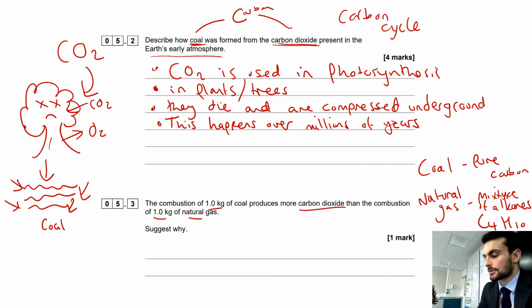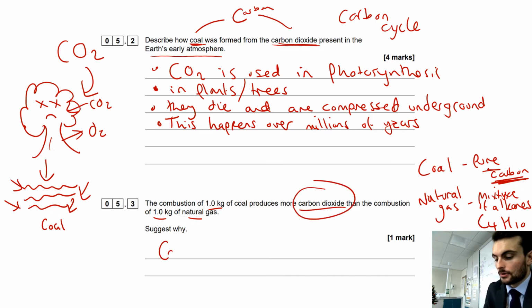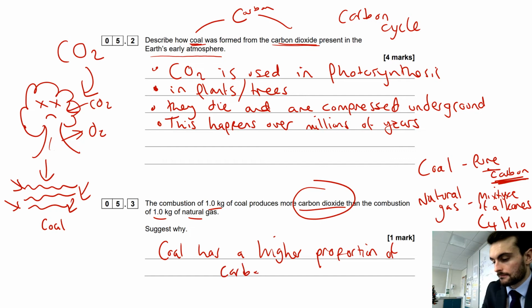Carbons and hydrogens. Which one has got more carbon in it? This one, coal. So the reason why it ends up producing more carbon dioxide is coal has a higher proportion of carbon. There's more carbon in coal than there is in natural gases. There you go.